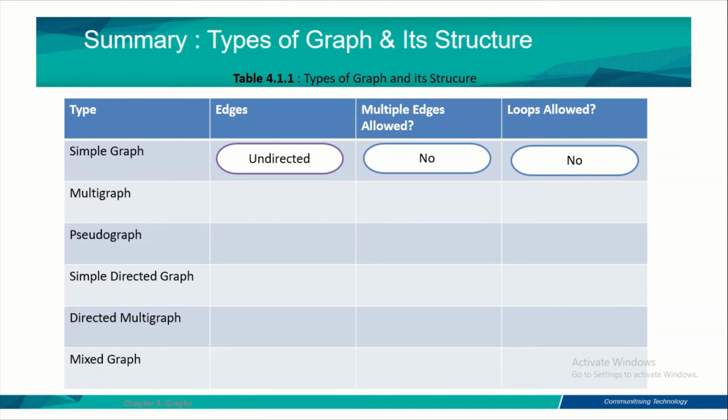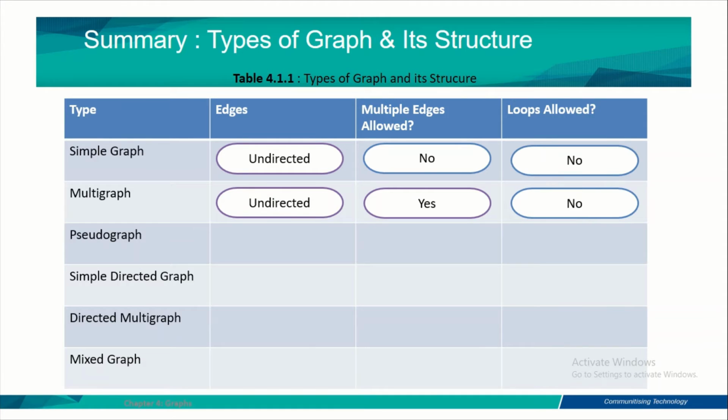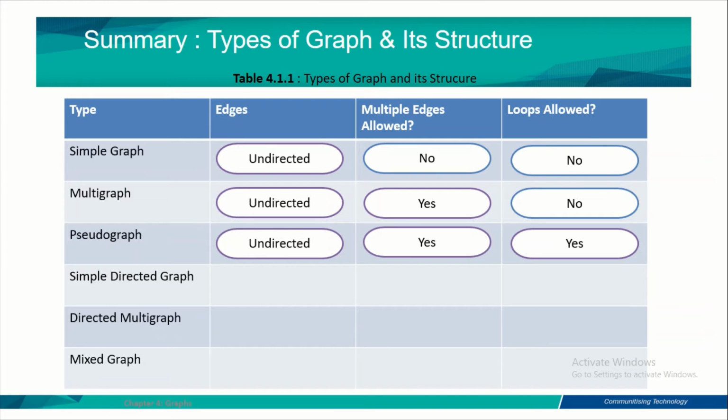For the multigraph, also undirected, we can have multiple edges since it's a multigraph, and no loops either. But for the pseudograph, we can have loops, we can have multiple edges, and it's also an undirected graph.